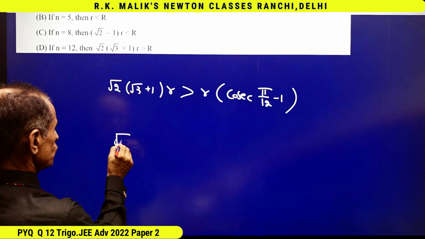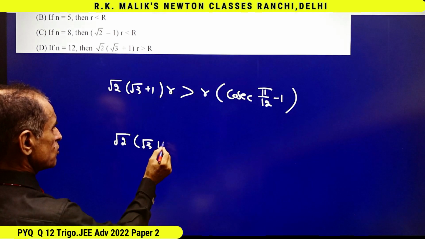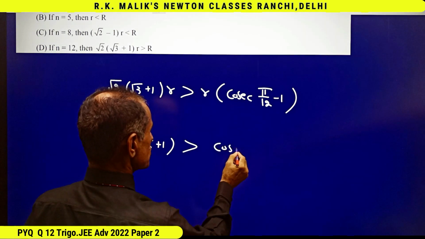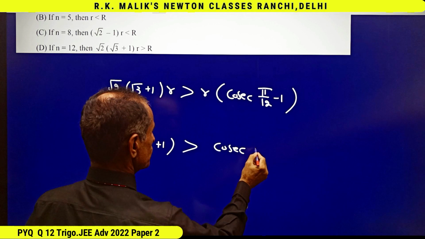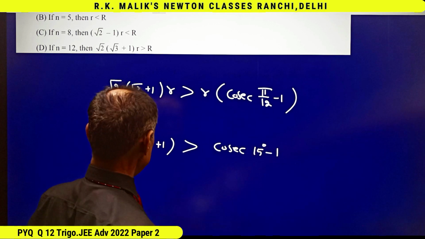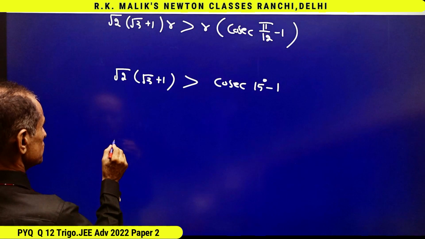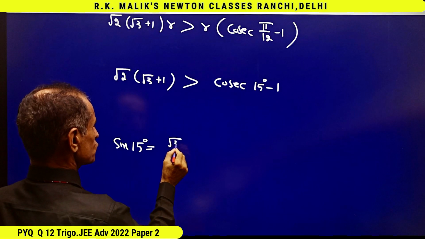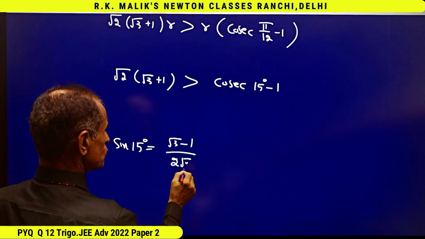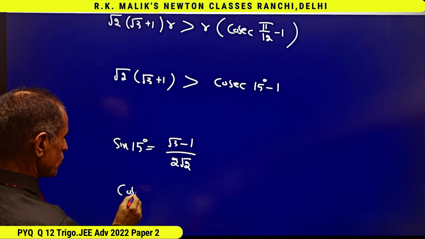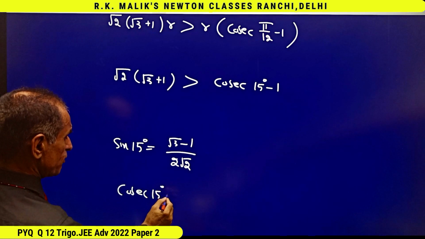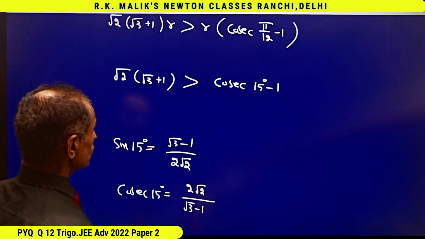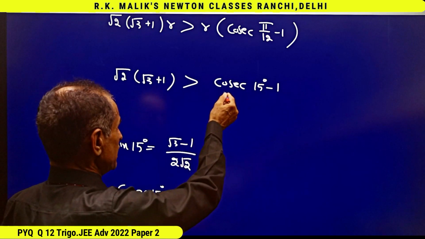That is, if root 2 into root 3 plus 1 is greater than cosec 15 degree minus 1. And we know that sine 15 degrees is root 3 minus 1 by 2 root 2. Therefore, cosec 15 degree will be equal to 2 root 2 upon root 3 minus 1.